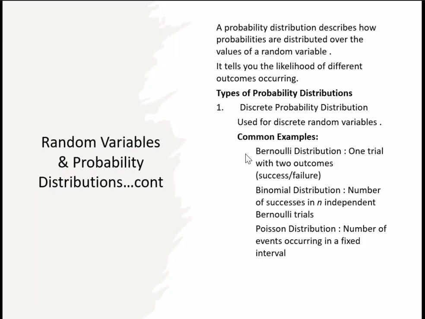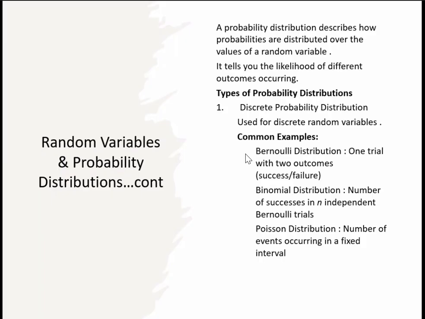With the Bernoulli distribution, we expect 2 outcomes per trial. What I mean by per trial is every time you play this game, let's say you flip a coin, that's 1 trial. You expect either the head or the tail.